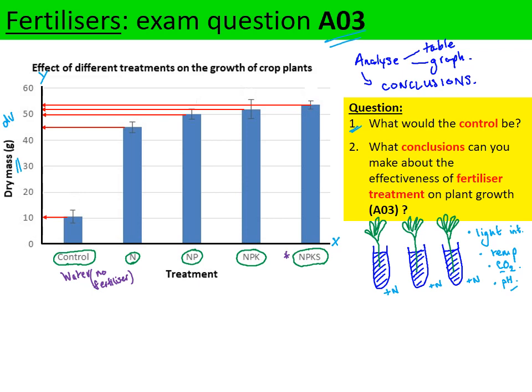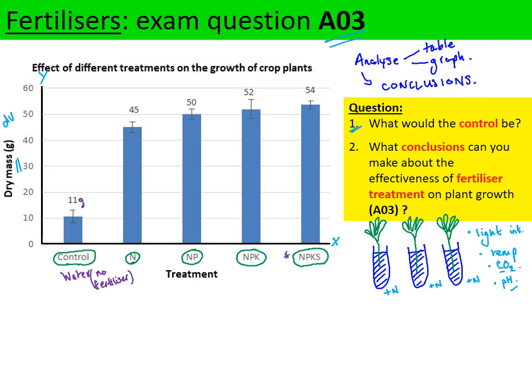So if we look at the different values, you're obviously going to take a ruler and read off the y-axis for each treatment, and that's going to give you a value of dry mass in grams after a week. So we can start to compare these different values. So we've said the control, just with water, with no fertilizer, gives us 11 grams after a week.